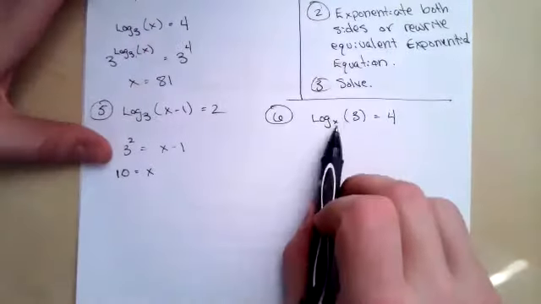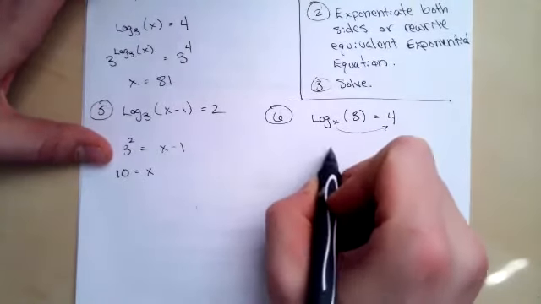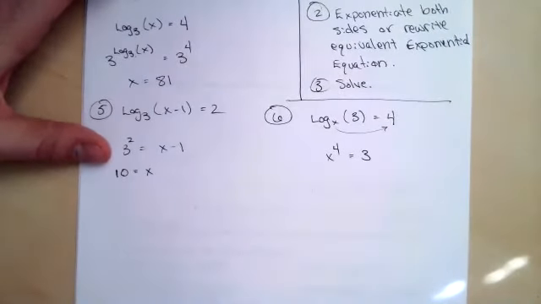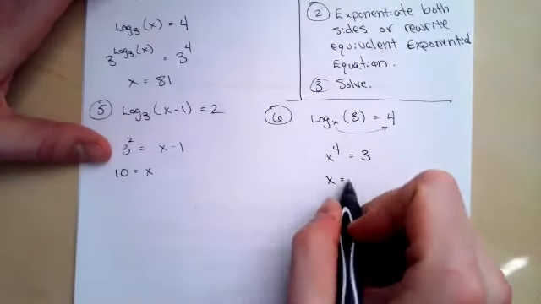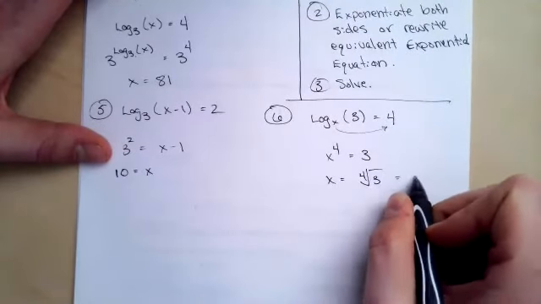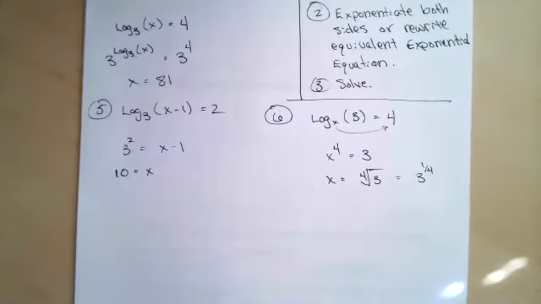And this is where I really like to just rewrite the exponential statement. Base is x, so this just says x to the 4th equals 3. And then we got a polynomial. So x is equal to 4th root of 3. Or if you want to write it, 3 to the 1/4. Either way.